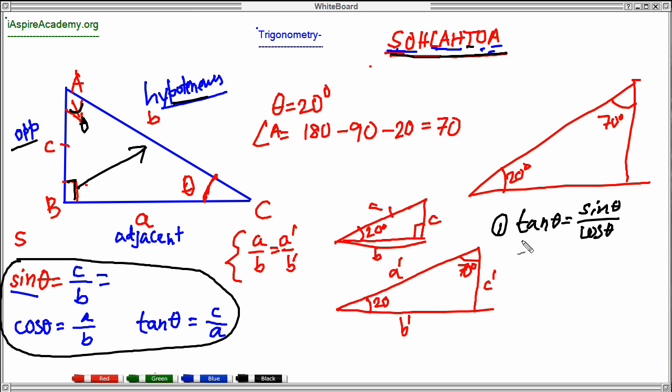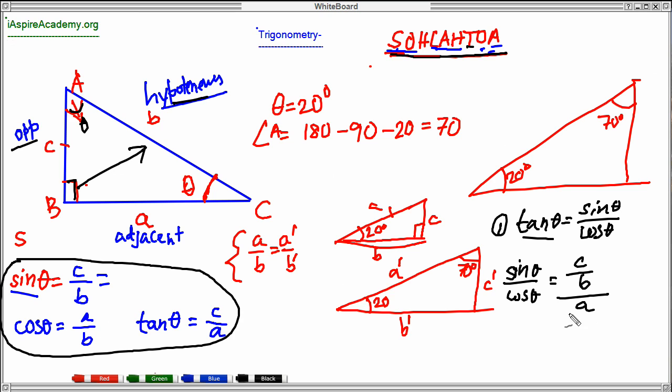Now how do we derive this formula? You can easily see sine theta is equal to C by B. So sine theta by cos theta is equal to C by B over, what is cosine theta?